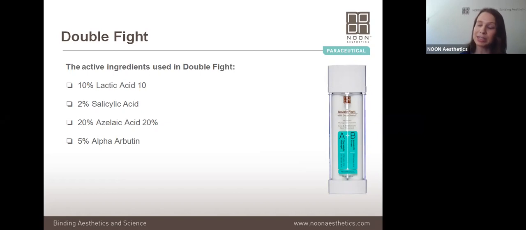But as I mentioned at the beginning, there is a possibility of PIH, which is post-inflammatory hyperpigmentation, because the spots of the post-acne are usually caused by not protecting while using and treating acne. So we can really try and treat and even prevent these post-acne spots by using the double fight, and thanks to the azelaic acid.